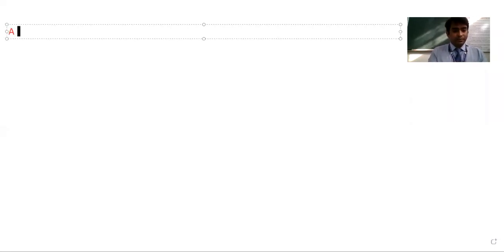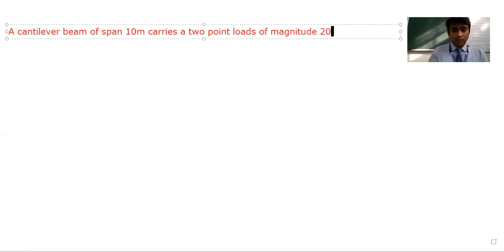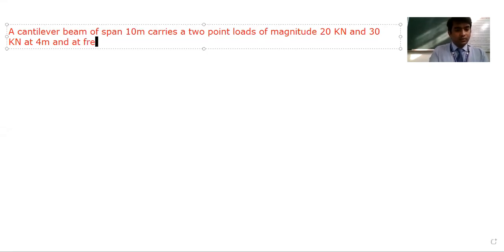A cantilever beam of span, we can say 10 meter, carries 2-point loads of magnitude 20 kilonewton and 30 kilonewton at 4 meter and at free end.